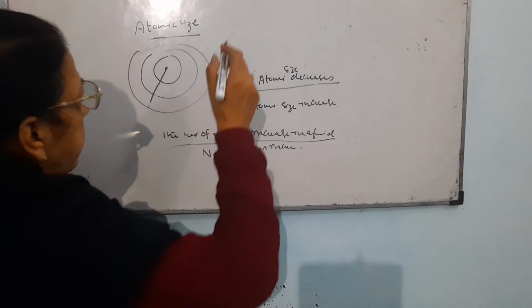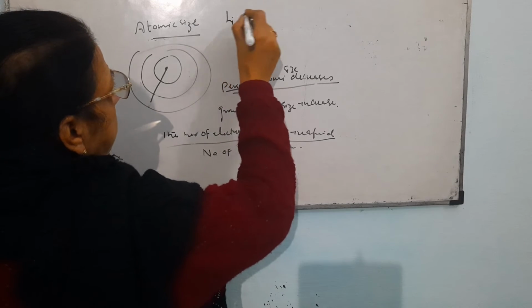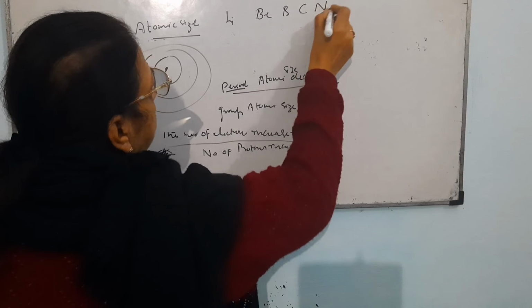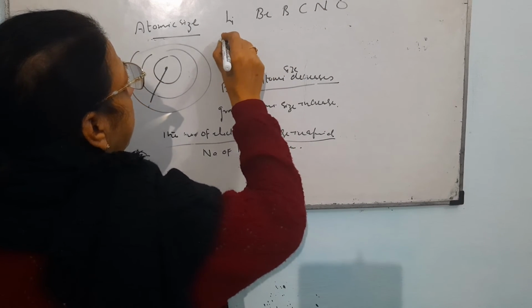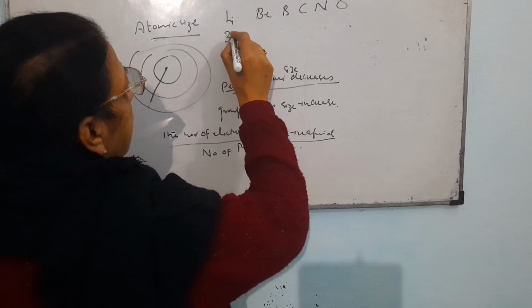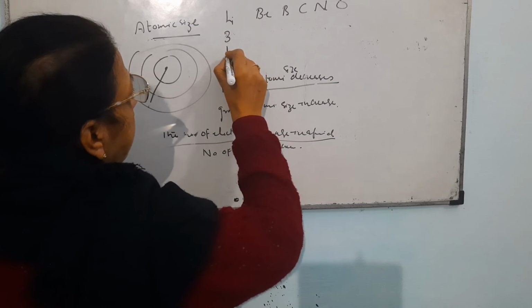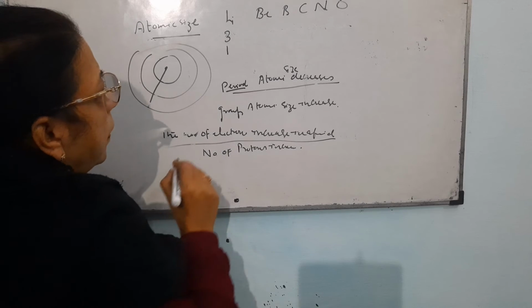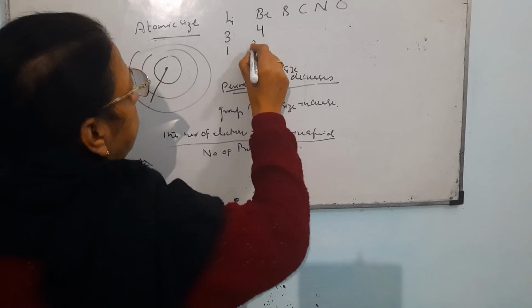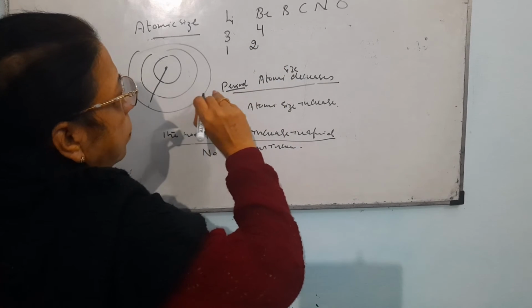Let me take an example of the second period: lithium, beryllium, boron, carbon, nitrogen, oxygen. In lithium, the number of electrons is 3. In the outermost shell, the number of electrons is 1. The atomic number of beryllium is 4. The outermost electrons are 2.